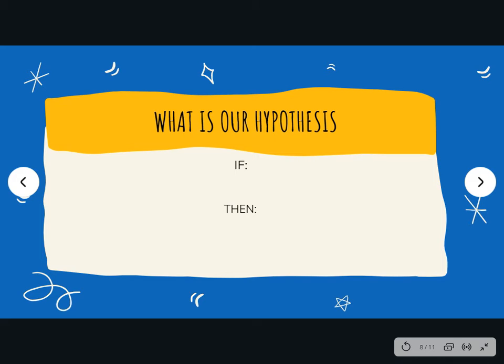I'm going to make a hypothesis. If we use fertilizer, what do you think is going to happen? Yeah. Plant growth. We think, okay, so if we use fertilizer, then our plants will shrink. That's our hypothesis.